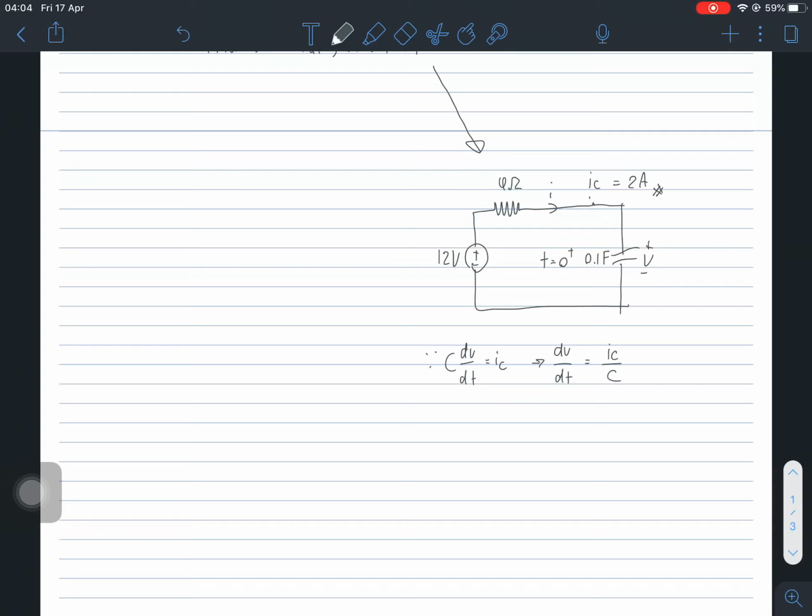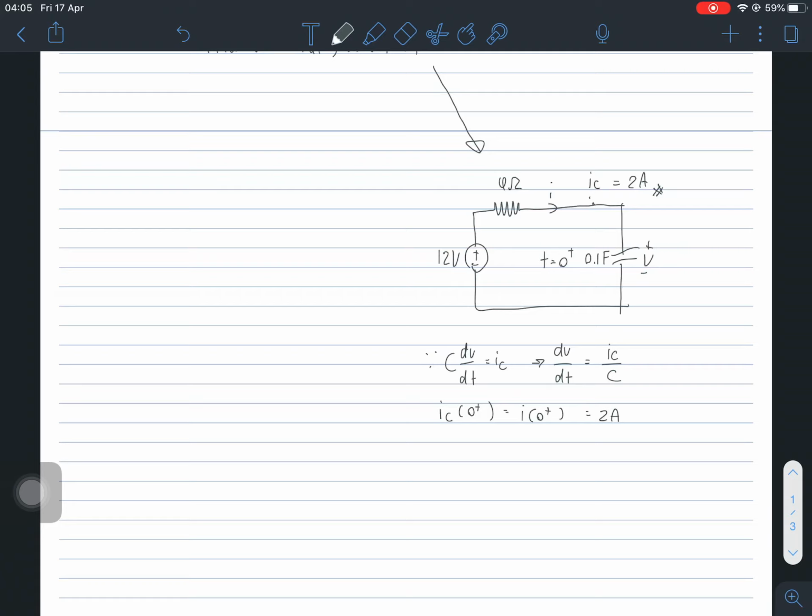And so we can easily find iC(0+) equal to i(0+), which is 2 amps.